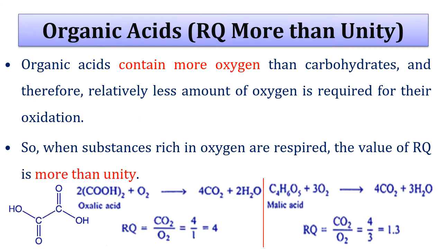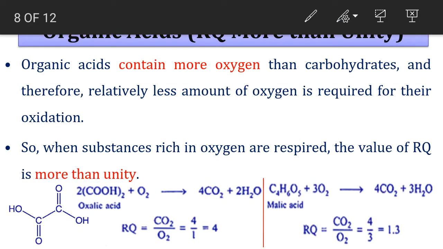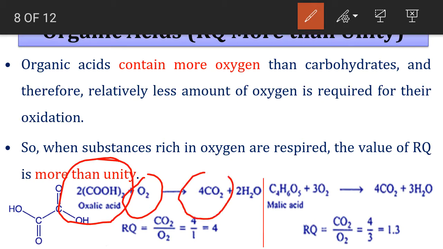Now let's talk about the organic acids. In case of organic acids, the structure itself contains more oxygen. So the amount of oxygen required for the oxidation of that particular molecule is very less as compared to other substrates. That's why the amount of carbon dioxide given out is always more as compared to the oxygen consumed.